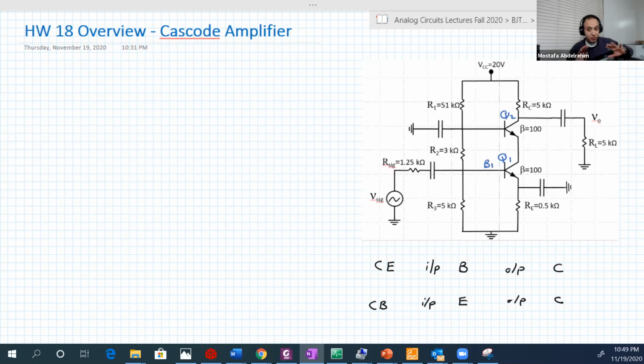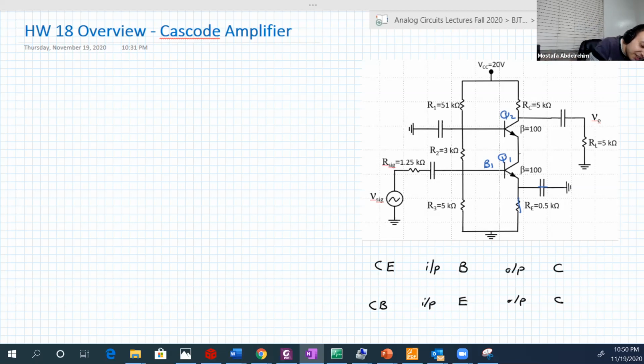Now we need to know where the output of that transistor is. It's either the emitter or the collector. We don't have a third option, because the third option is the base and it has the input already. Just look at it. In AC, this capacitor will be a short, so it will short RE. So the emitter will be connected to ground, 0 all the time. So definitely the output is at the collector.